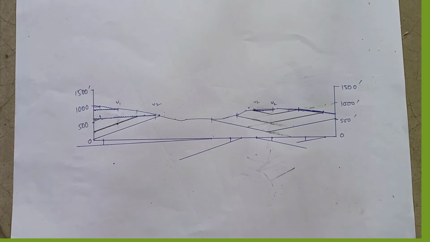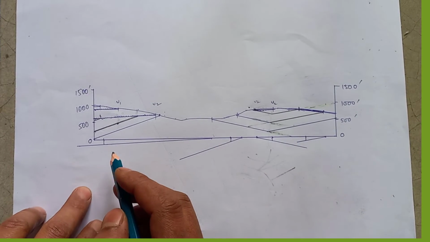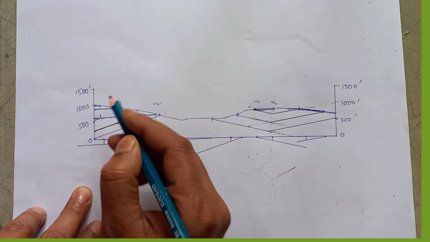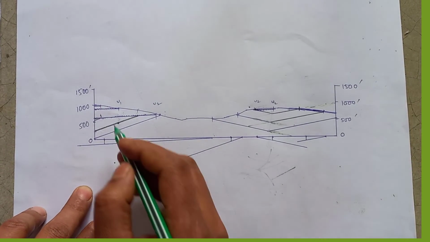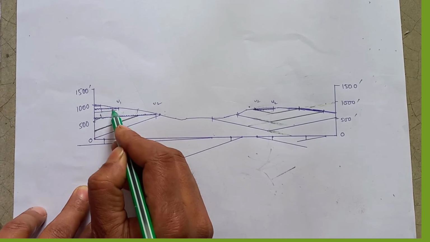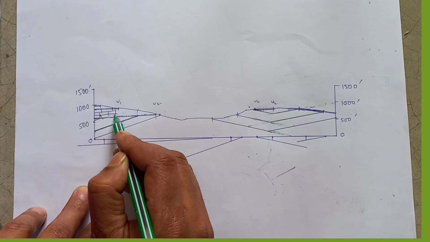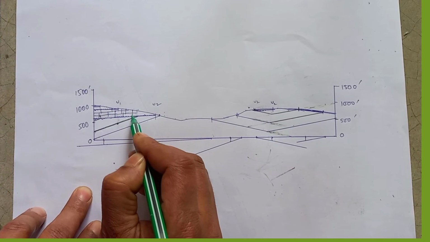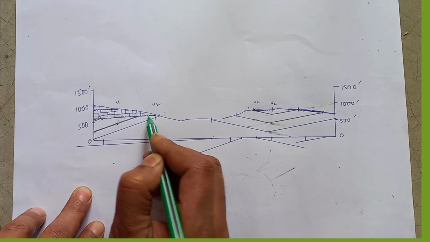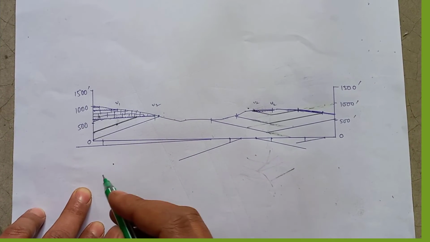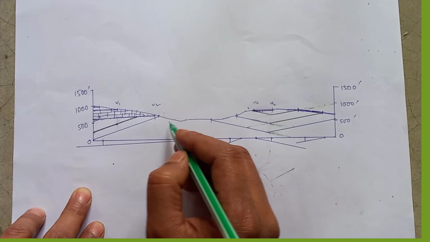And here we need to give the symbol. This is the brick symbol. We give the symbol, then it is complete.